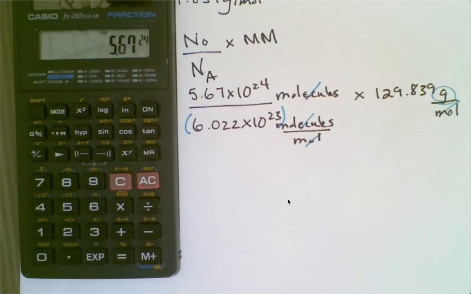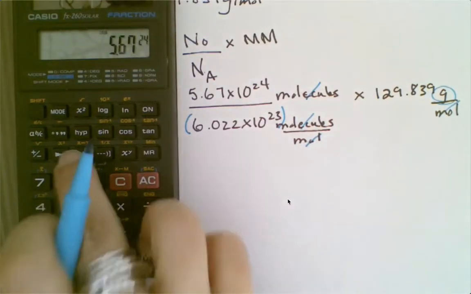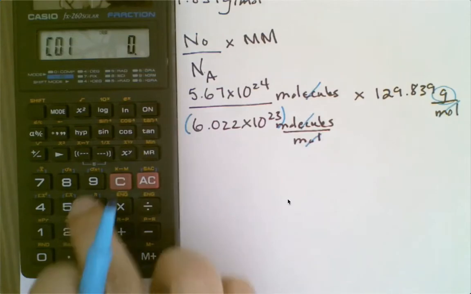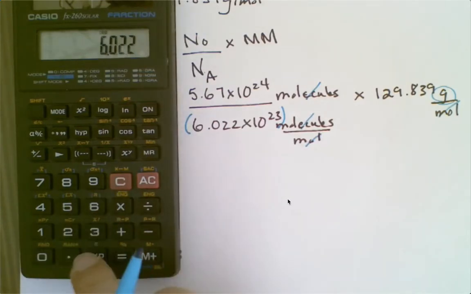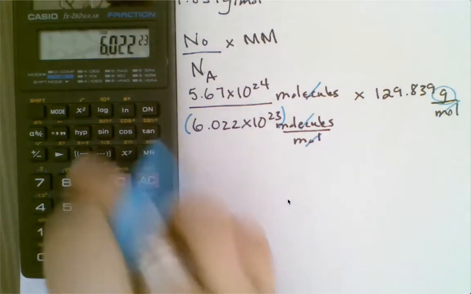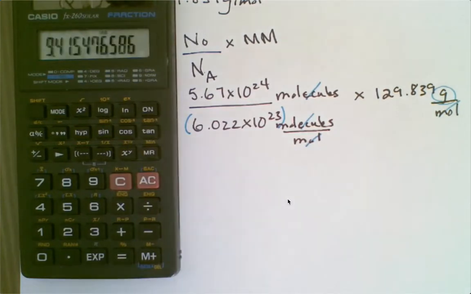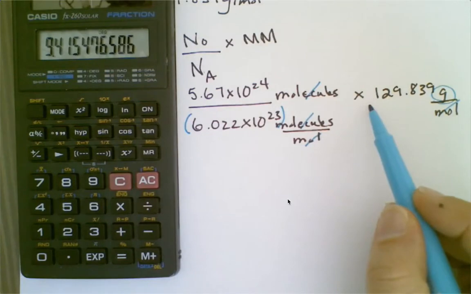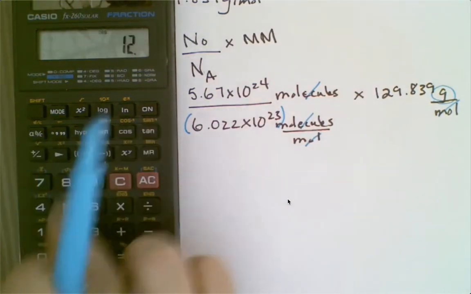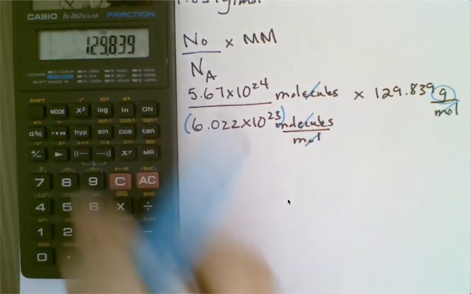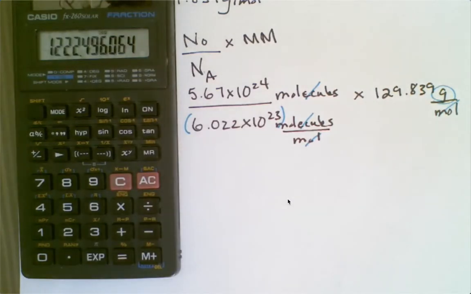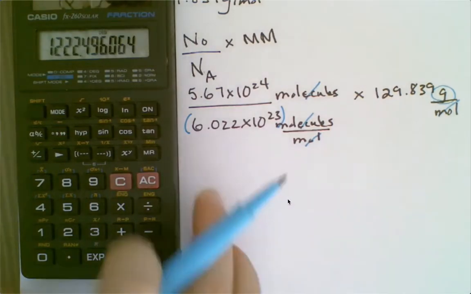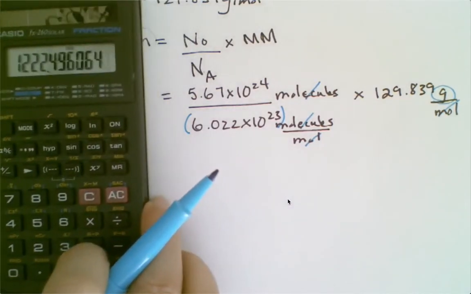So there's that value. I'm going to divide that by, use my bracket key, 6.022 EXP 23, close bracket key. I push equals. That gives me this value in here. Now I'm going to multiply it by 129.839, and I get an answer of 1,222.496064.